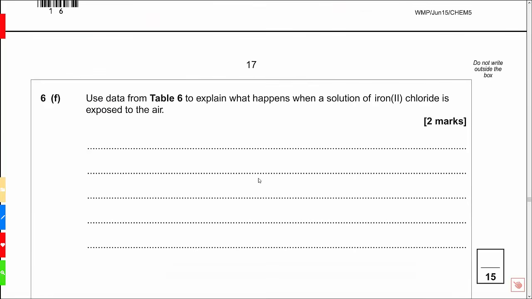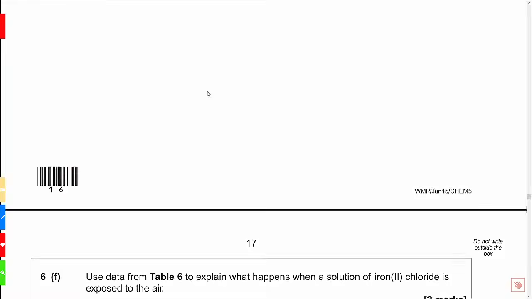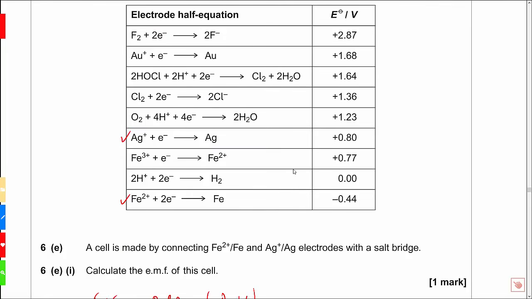Okay, final bit, 6F. Use data from table 6 to explain what happens when a solution of iron 2 chloride is exposed to the air. So iron 2 chloride, what we're looking at here is Fe2+ ions, when that is exposed to the air. Now, what we've got here is 2 potentials.